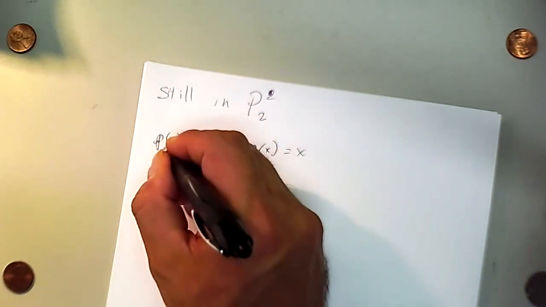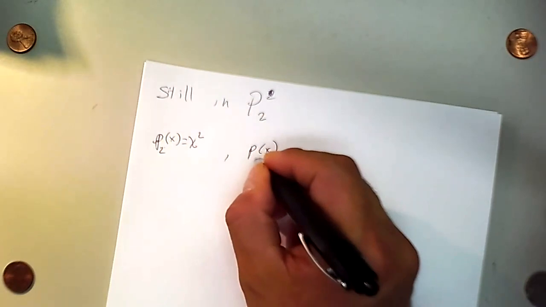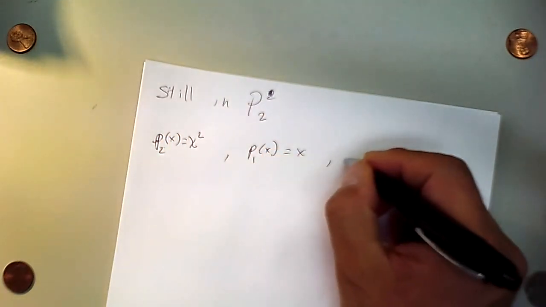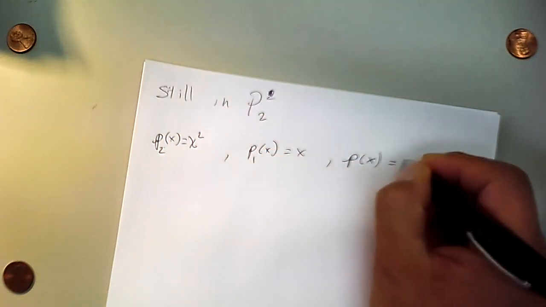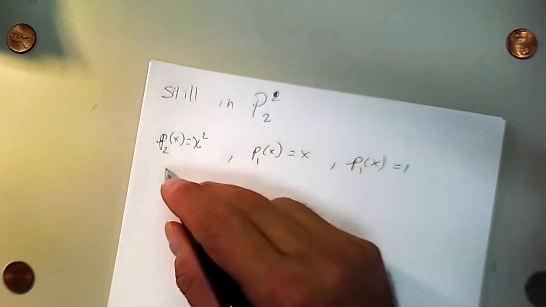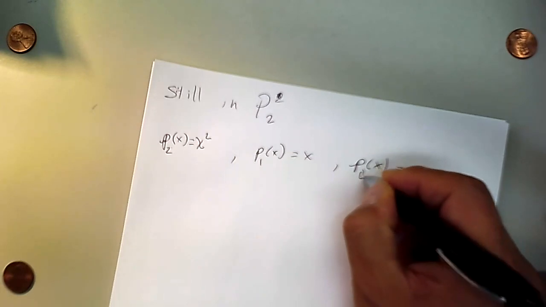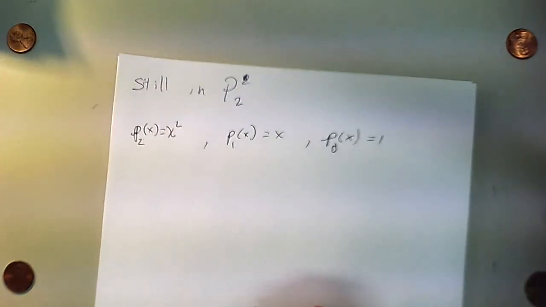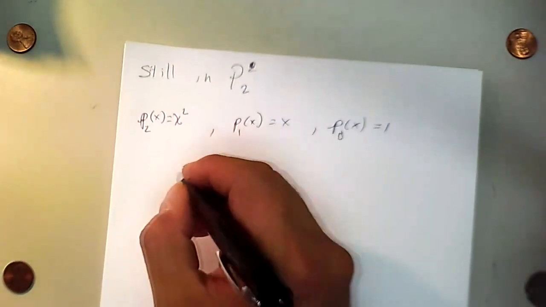So let's label this as little p2, little p1, and then p sub 0. There we go.